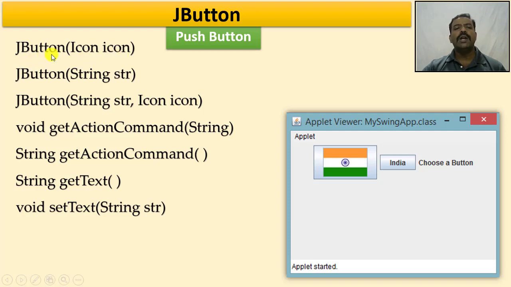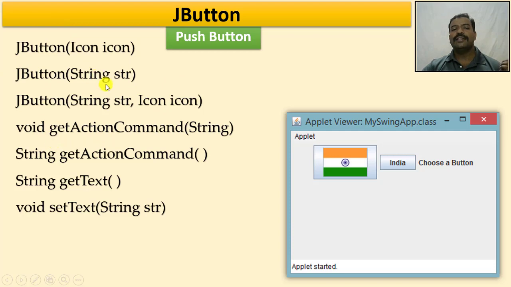I'm just going to pass a parameter as an icon, how the button should be visualized, or what message or image or string I'm going to put on the button. I can use any of these constructors when I'm going to create a button.